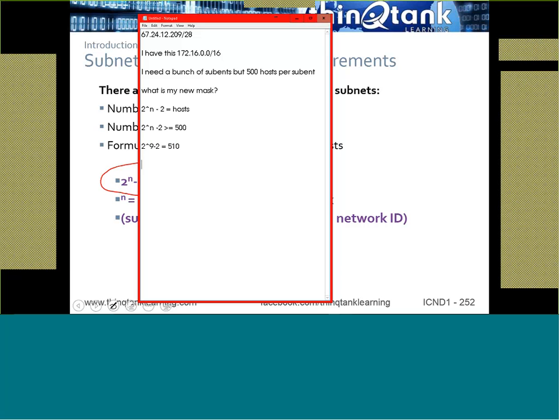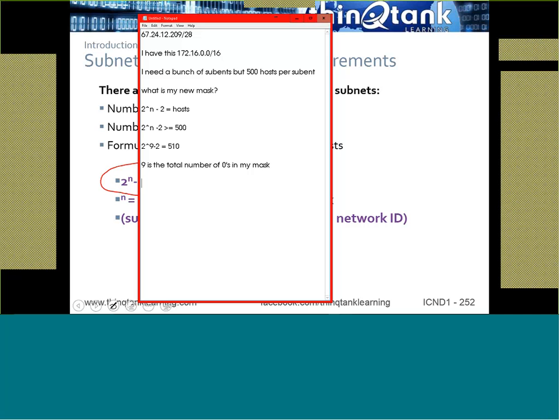What does 9 represent? 9 is the total number of zeros in my mask, period. We're not talking about borrowed, we're not adding, we're not subtracting. 9 zeros in the mask, period.